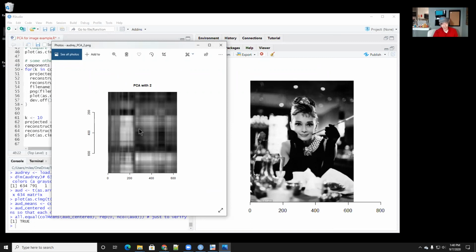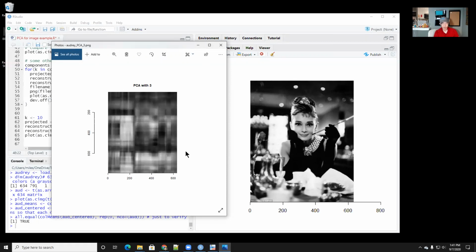This is like an abstract version of this thing where there's a bright white window here, and then you've got these bright white napkins here, and then a black dress and a black glove here. So it has captured the bright white window, this bright white area on the table, and then some darkness here. It's trying to capture as much variation in this picture as it can with just two principal components.